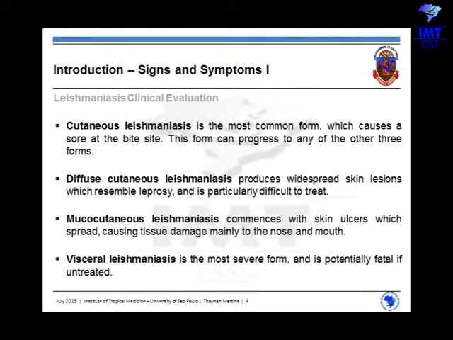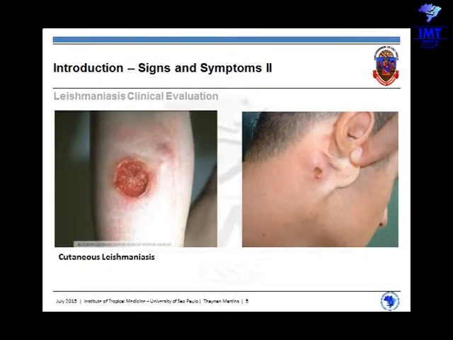Diffuse cutaneous Leishmaniasis is widespread skin lesions around the body. Mucocutaneous Leishmaniasis is a sore that compromises the cartilage, mainly of the nose and mouth. And visceral Leishmaniasis is the most severe form of the disease, potentially fatal. It's over 90% fatal, and it affects the inside organs, such as the spleen and liver.